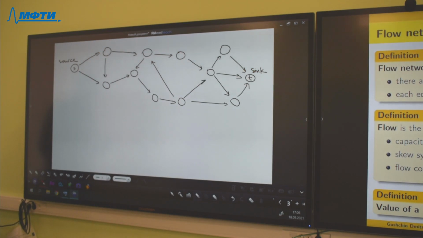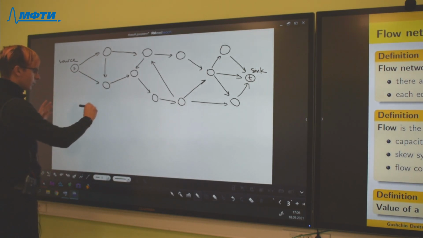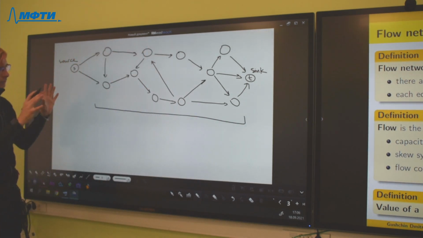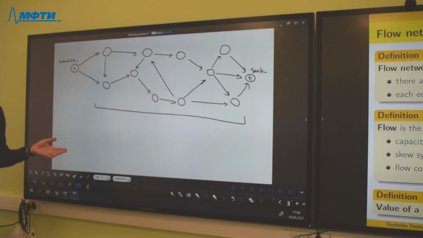We say by definition that the source has no input edges and the sink has no output edges. Here we can draw any directed graph.